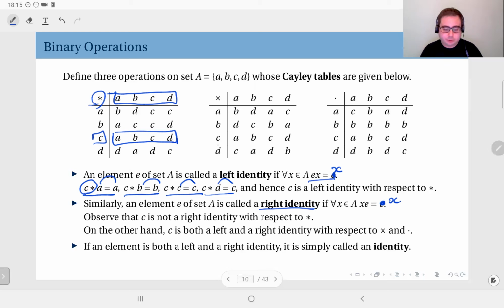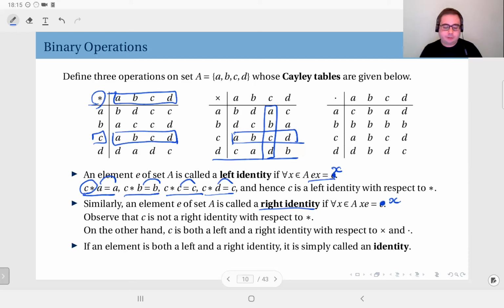On the other hand, when you look at this operation, I see that C is still a left identity, but at the same time, C is also a right identity. When I multiply elements from right with C, the result doesn't change. It's still the element.